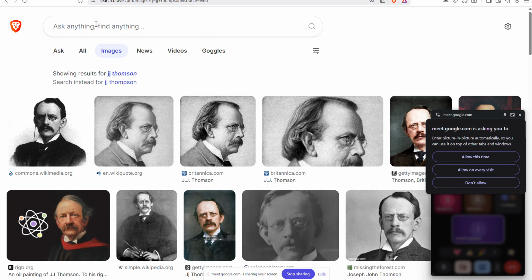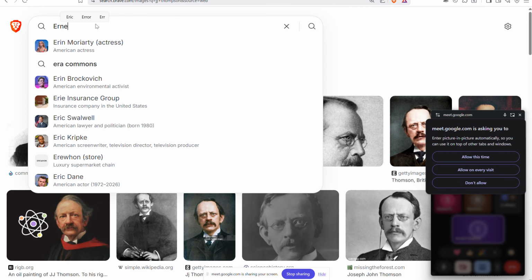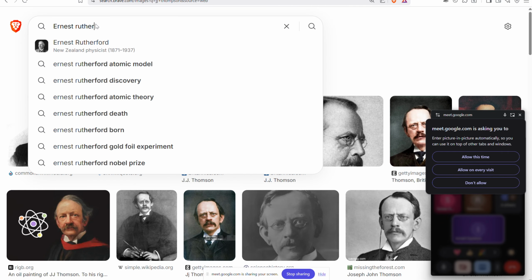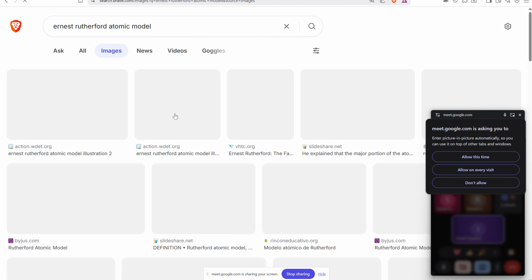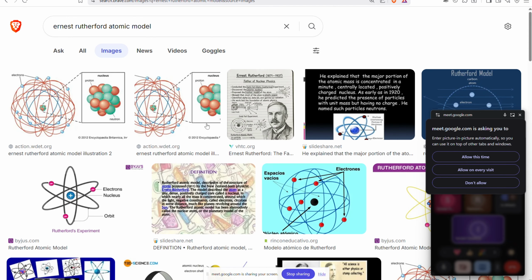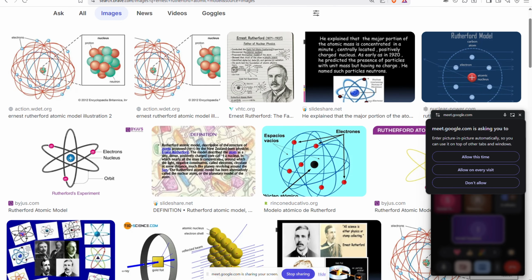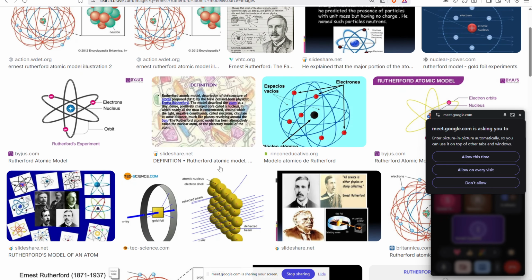Let's see the Ernest Rutherford atomic model. So Rutherford atomic model, yes. Whenever you search that, you see he was the one who gave us the structure of the atom. You can see this is the structure of the atom which we've talked about.